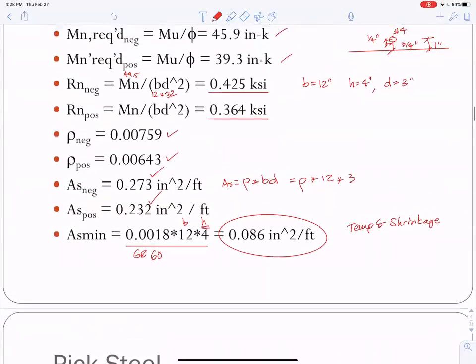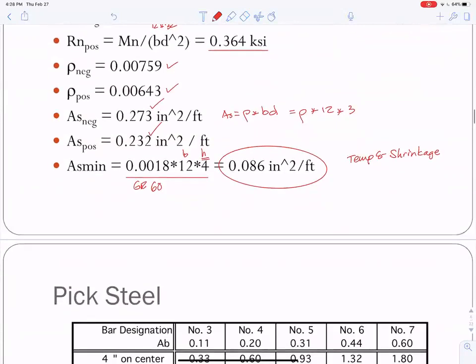And the numbers we're looking for are, let me write it here, 0.273 for the negative moment, 0.232 for the positive moment, and 0.086 for the temp steel.